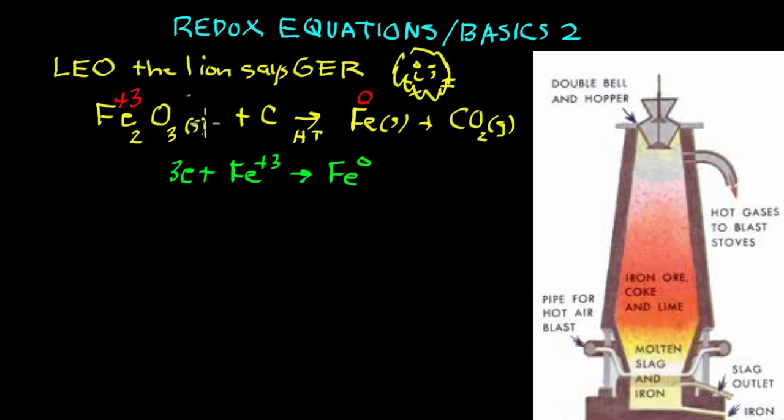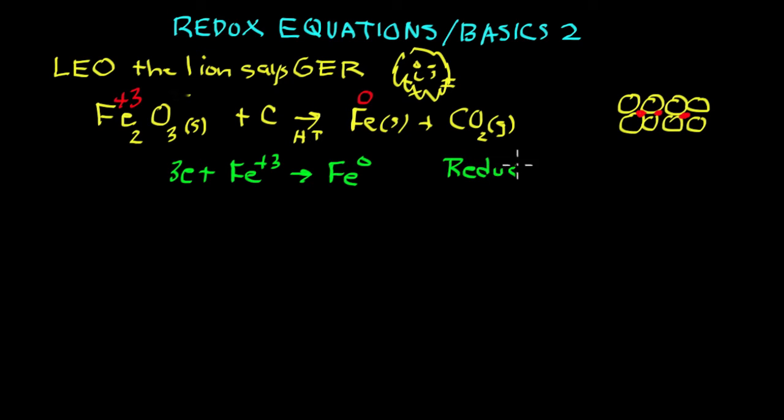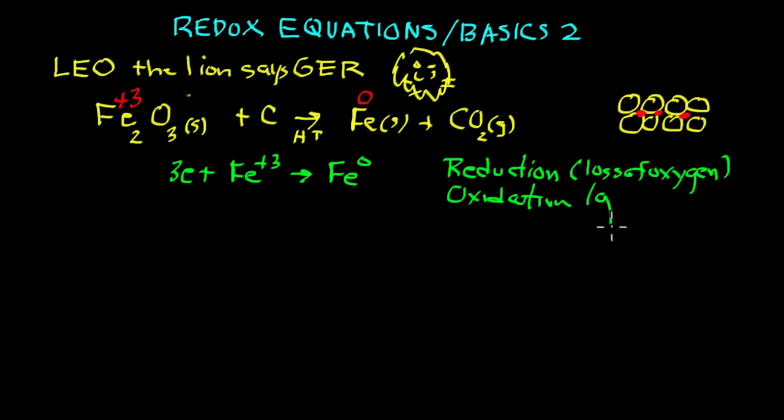The old definition of reduction, and I think it's worthwhile putting that in. The first definition of reduction, before we dealt with the gain and loss of electrons, reduction really was the loss of oxygen in a compound. So oxidation was a gain of oxygen. And if you look at this reaction up here, you see the iron ore.